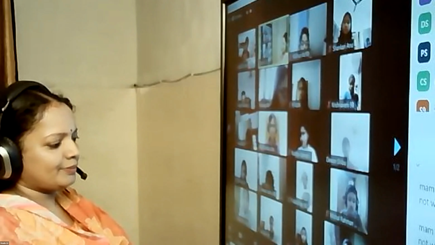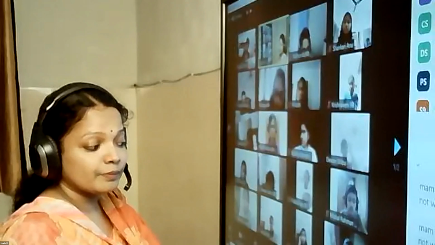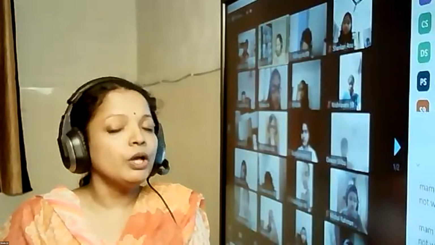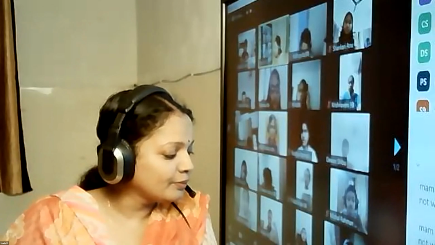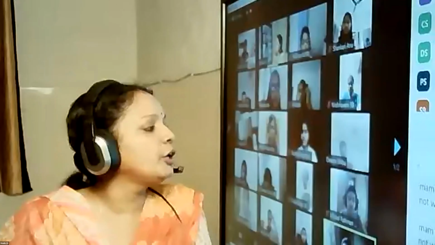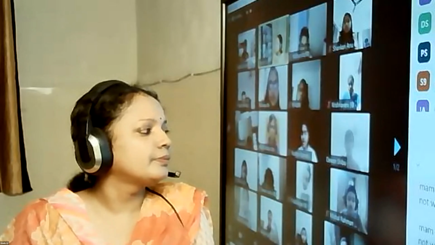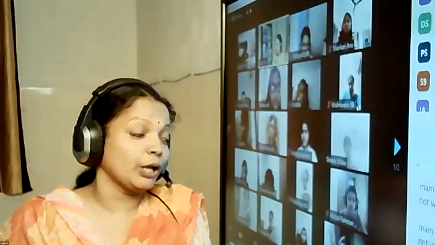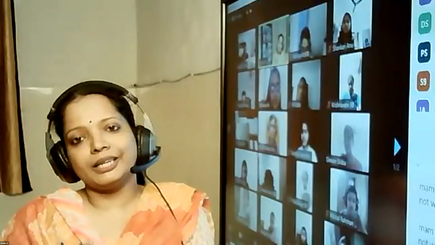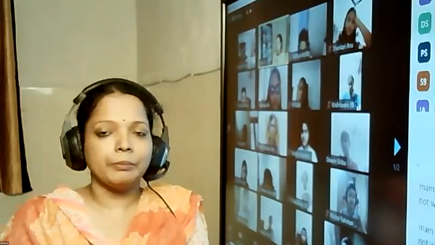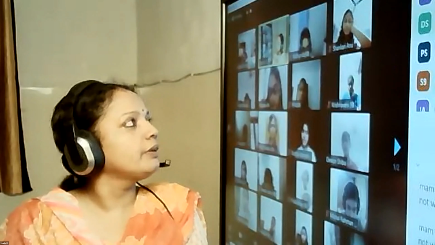Movement of substances from a region of higher concentration to a region of lower concentration is known as what? Diffusion. And the example, Dion, give me the example. Movement of oxygen and carbon dioxide. The exchange of carbon dioxide and oxygen across the cell membrane is an example of diffusion.